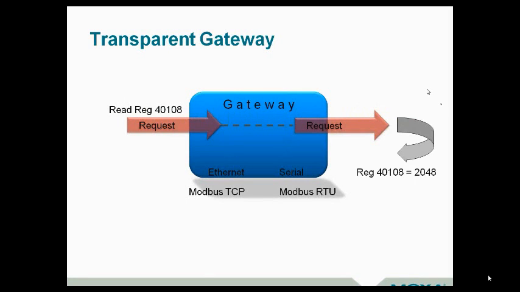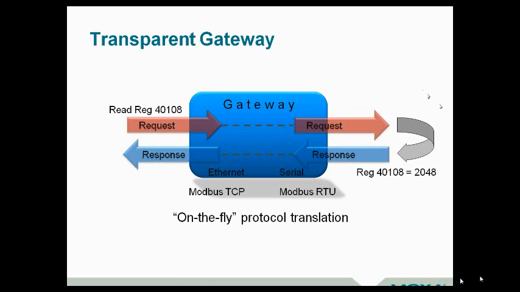That attached device is going to say, okay, here's your power value from that power meter. Here's how many watts we're consuming. And after that, it comes back through the gateway, doing an on-the-fly conversion from Modbus RTU back to Modbus TCP, basically giving you your results.